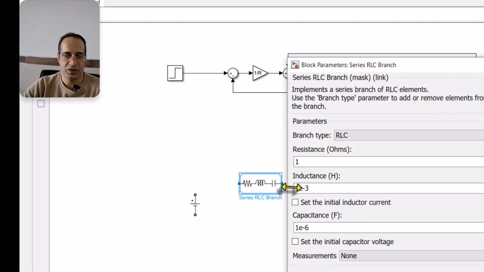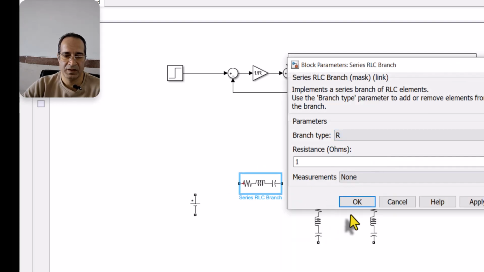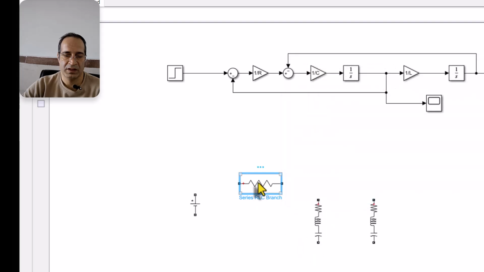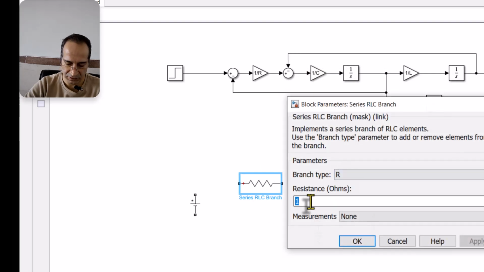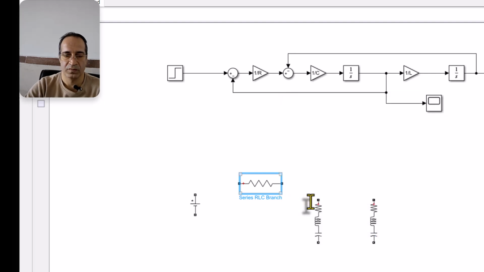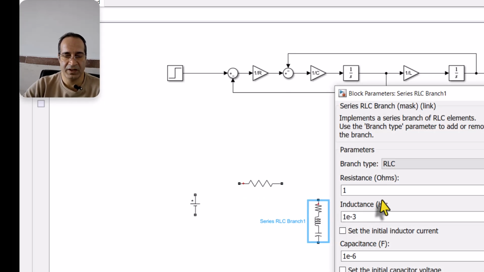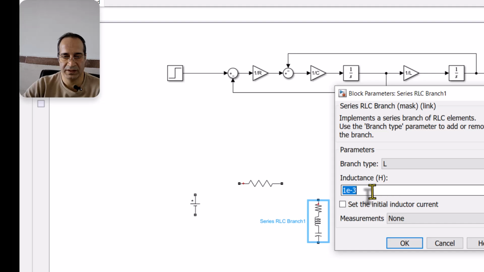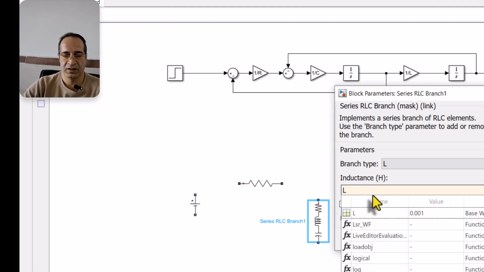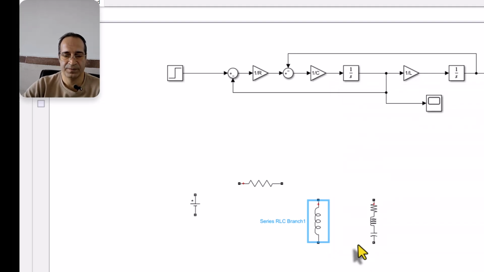I change this to R, and the value of this is R. And here I have L, change this to L, and this parameter is L. That's all.